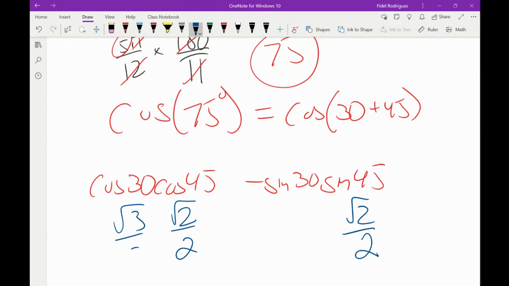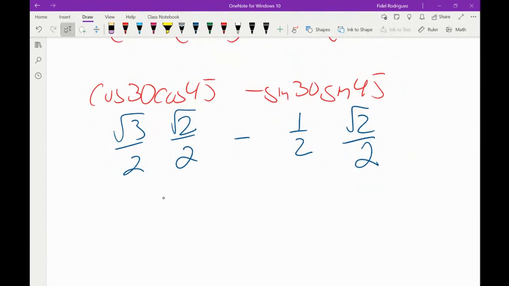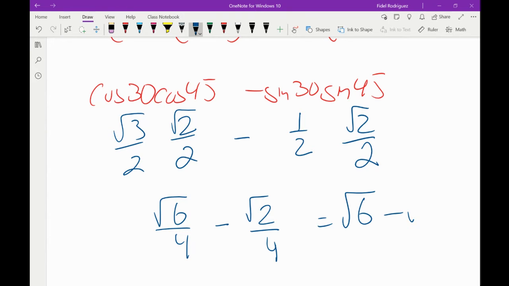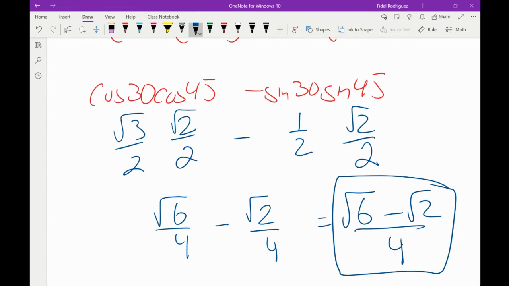This should be square root of 3 over 2 minus this should be 1/2. And so this is the square root of 6 over 4 minus the square root of 2 over 4, which is square root of 6 minus square root of 2, all over 4. Okay.